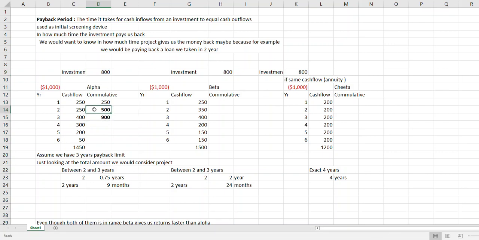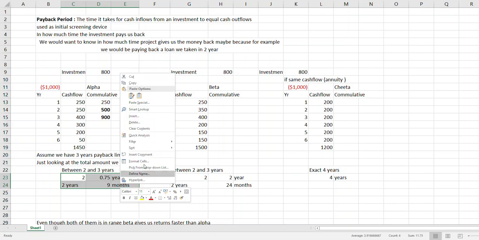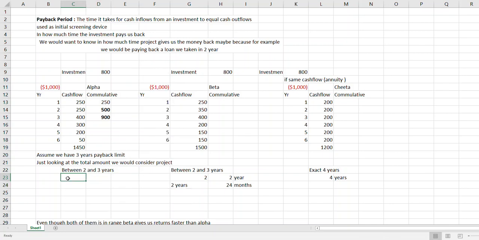Now the payback period of this project is more than 2 years and less than 3 years, because in 3 years it is more, and in 2 years it is less than our investment. If you want to know exactly, it is 2 years, we know that is more than 2. Now the total amount that we need is 800, and we receive up to 500 in the second year, cumulative. So how much do we need more? 300.